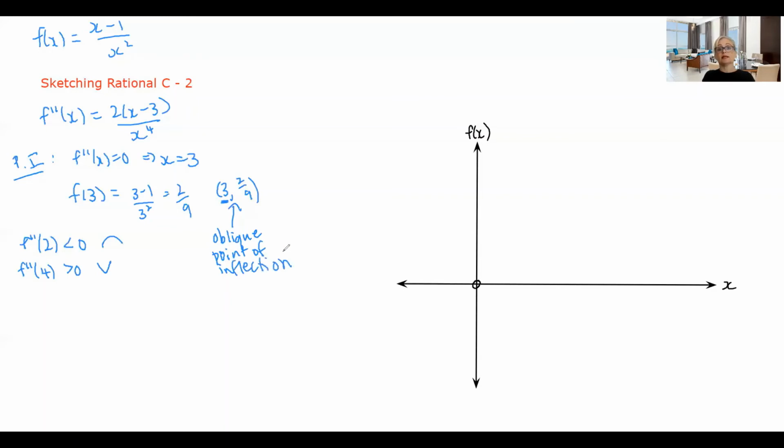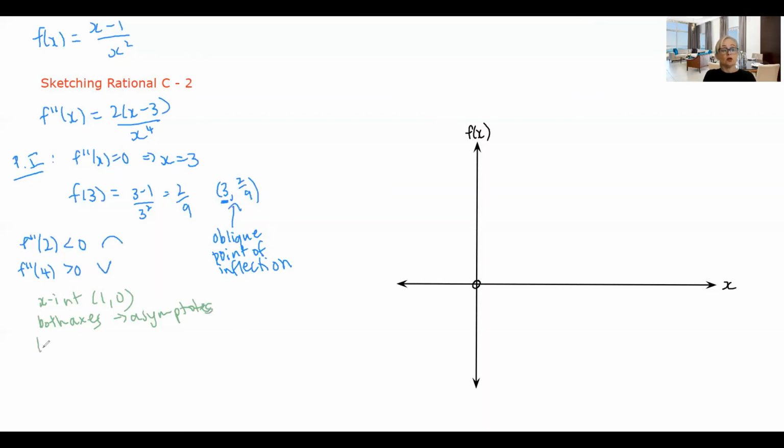Okay, let's just collect all our information in the one place so that we can then start popping it on our graph. So we said we had an x-intercept at (1, 0). Both axes were asymptotes. And we know the behaviour around those, whether we're tending towards negative infinity or positive infinity, or whether we're tending towards 0 from above or below, that sort of thing. So that will come in play.